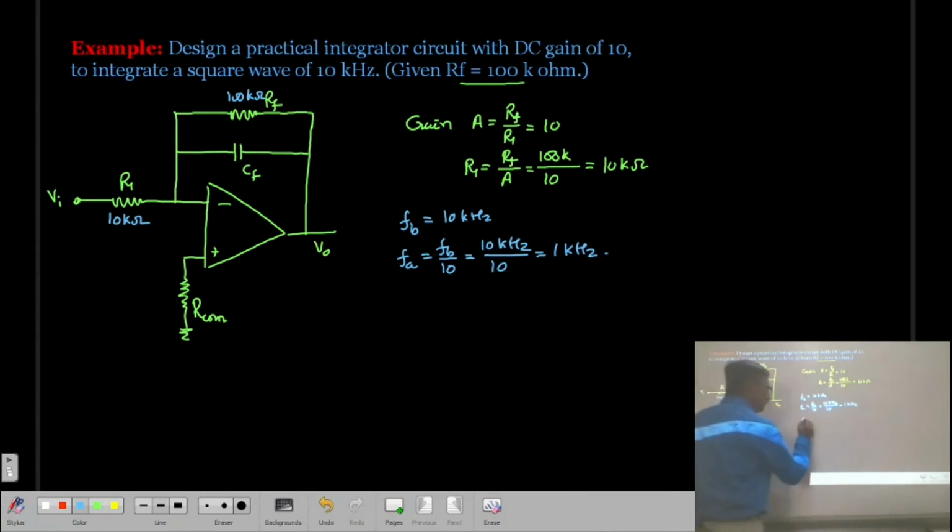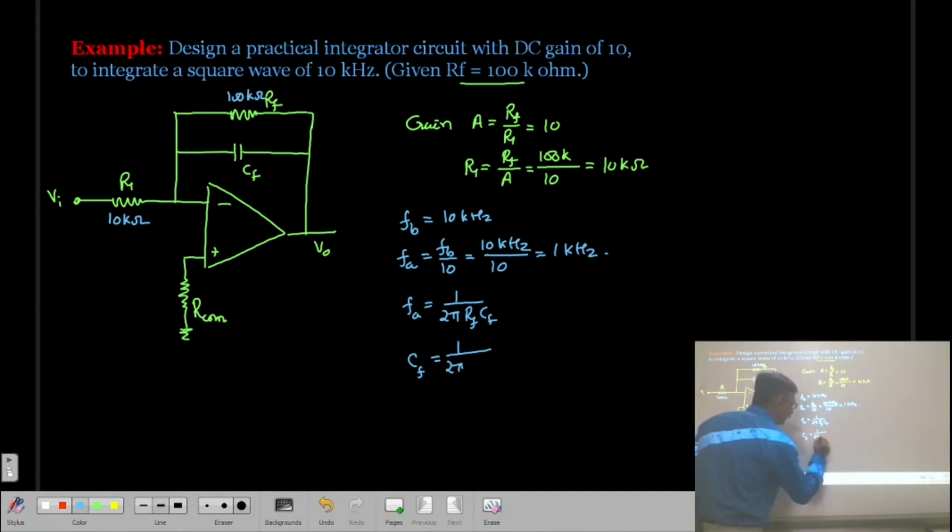Now what is the formula for FA? FA is given by 1 upon 2 pi RF CF. So CF is 1 upon 2 pi RF FA.